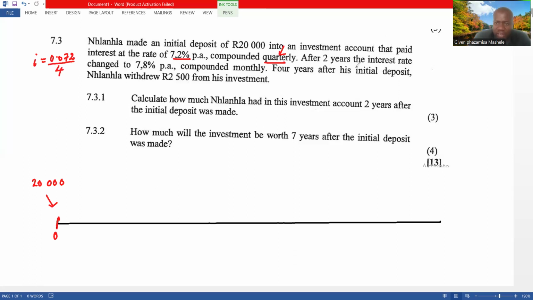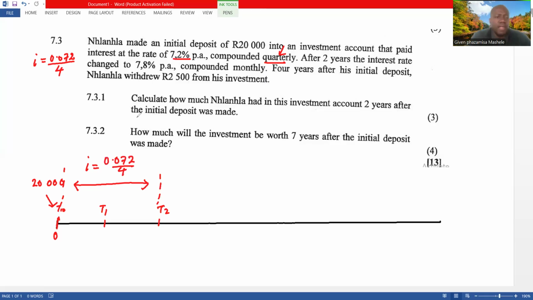Then after 2 years, let's say this is T0, this is T1, 1 year and 2 years. For the first 2 years, the interest was 7.2%, which is 0.072 over 4.